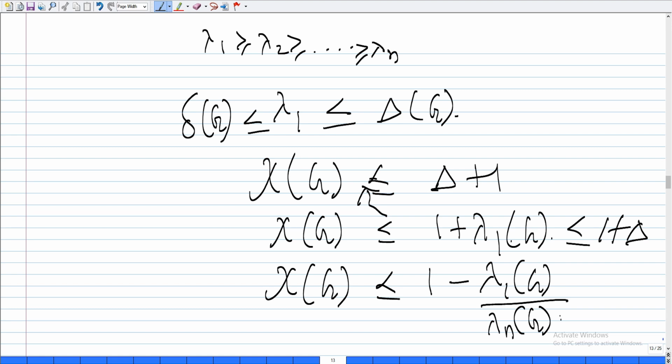You take the ratio of the largest eigenvalue and the smallest eigenvalue, and 1 minus of that is going to bound the chromatic number of the graph. You might get surprised, how can it be 1 minus of that?